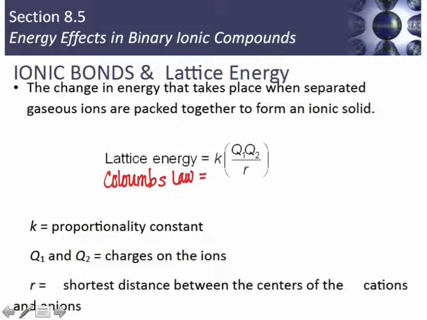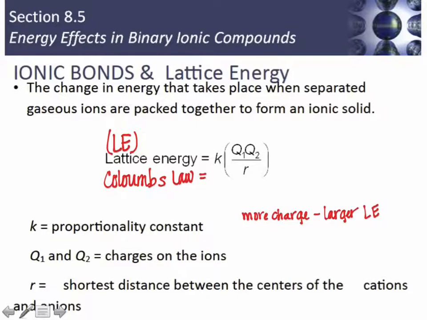But you need to know that the more charge the atoms have, so say a +2 and a -2, then you're going to have a larger lattice energy, which makes sense, since you're multiplying those two numbers together.